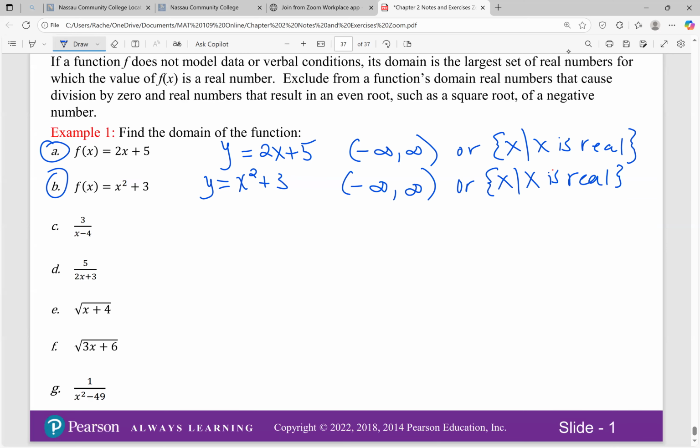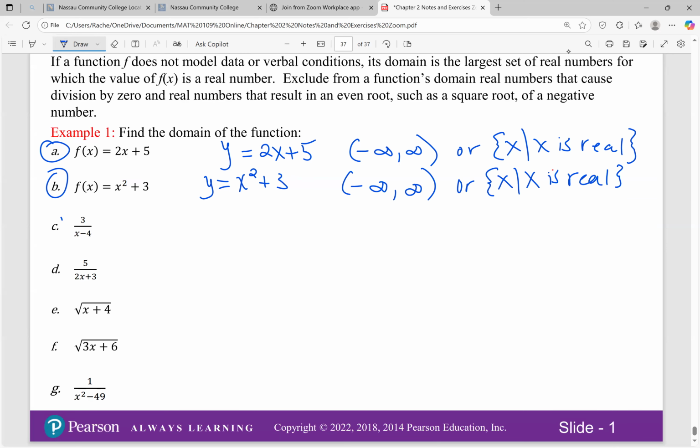But now let's look at C. We have a fraction, 3 divided by x minus 4, and x is part of the denominator, right? We have this expression x minus 4. Ask yourself, can x be anything? Can I plug anything I want in for x? Well, you have to be careful because we can't divide by 0. The numerator is 3, right?